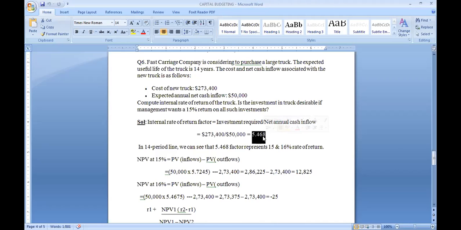Now we will use the present value table for annuity, and we will check the two corresponding interest rates for this value. We will look at it for 14 years because the time period is 14 years.